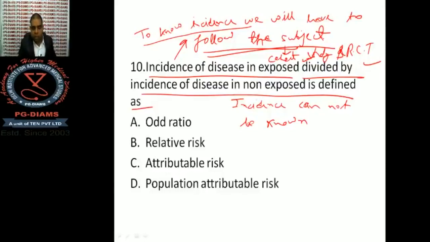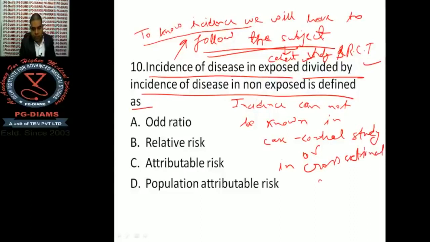Incidence cannot be known in which studies? Case control study or cross-sectional study. So to know the incidence, we have to do either cohort study or RCT.